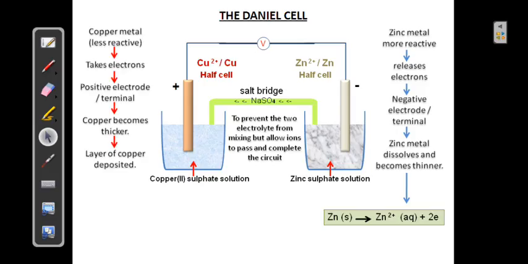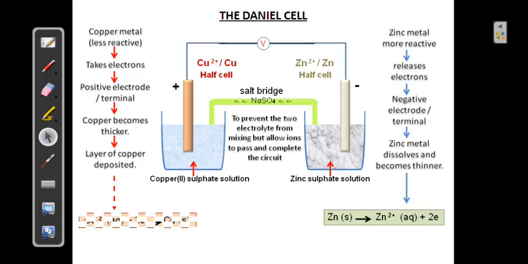Then at the copper side, the other electrode, copper being less reactive will accept electrons from the positive terminal, and then copper becomes thicker when layers of copper are deposited on the copper metal after a period of time.